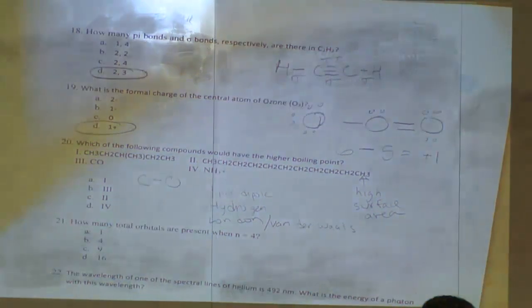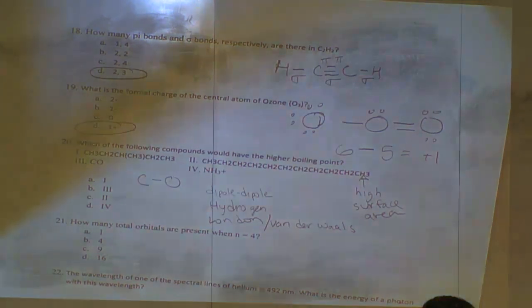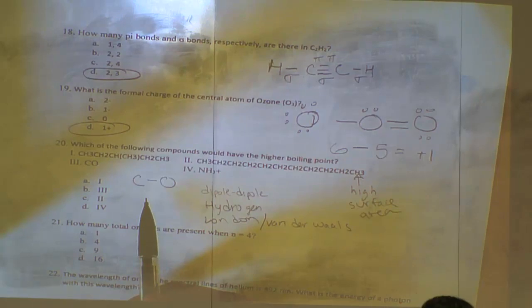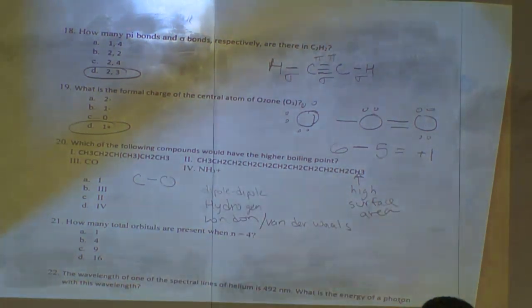Let's draw it. So we have CO, right? Carbon bound to an oxygen. Let's not even draw any electrons, any of that, because we know we just have those two atoms, right? So would you say that these have the same electronegativities? Yeah. So which one's more up and to the right?